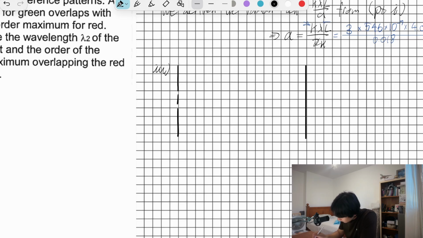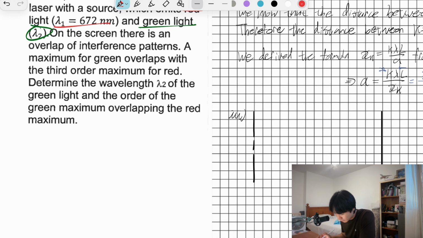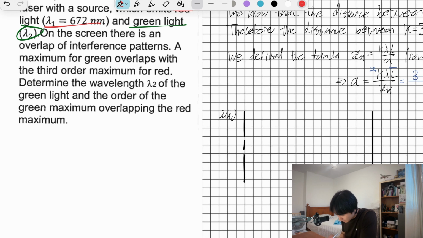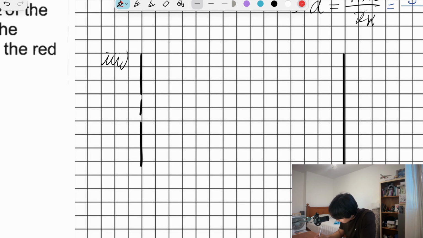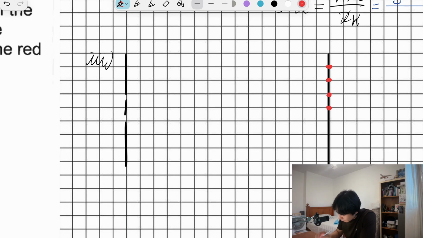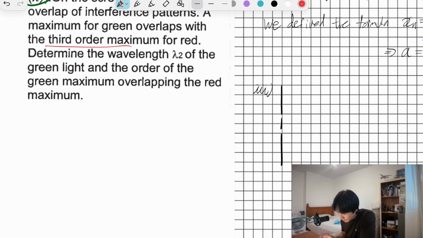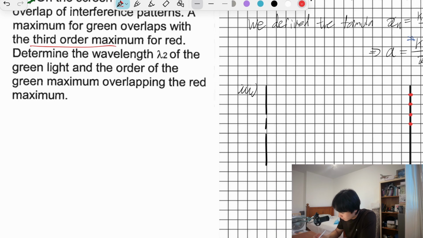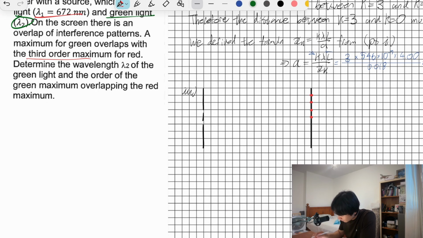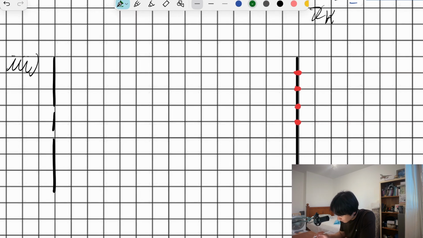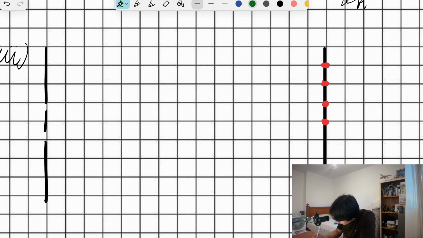So basically, the third maxima for red, yeah, third maxima for red. So it should be, this is 0th, 1st, 2nd, 3rd, right? Overlaps with a green maximum. Let's say this one overlaps with the green maximum, so I'll draw one.